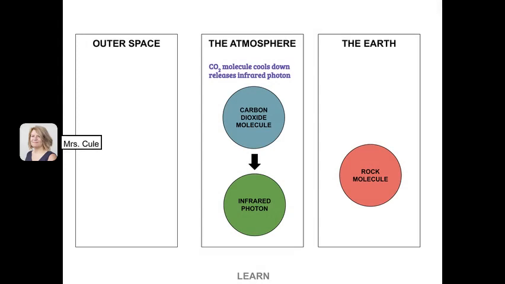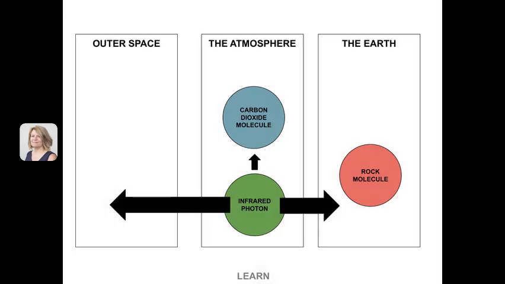Eventually, the carbon dioxide molecule will cool down, just like the rock molecule did earlier, and it's going to release that infrared photon again. And what happens at that point is that there are a lot of options, actually. The infrared photon can head off in any direction at all.